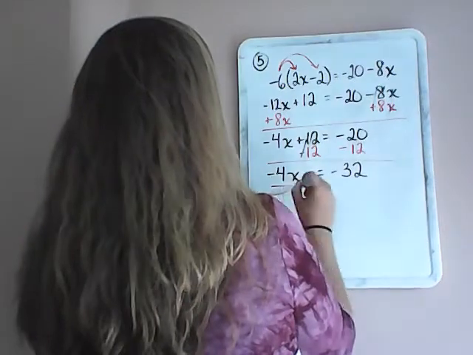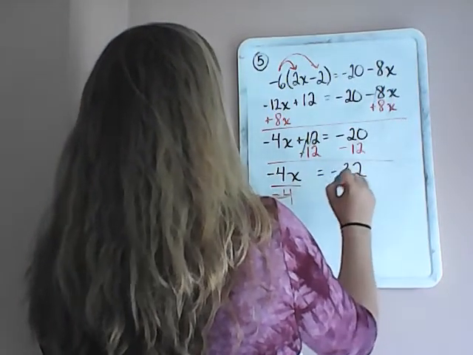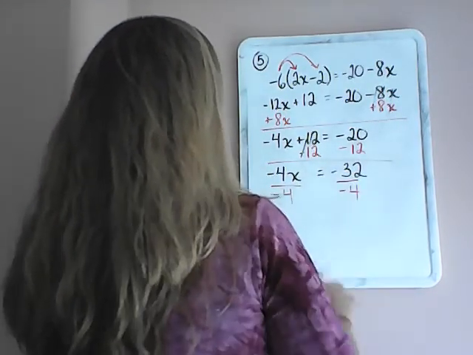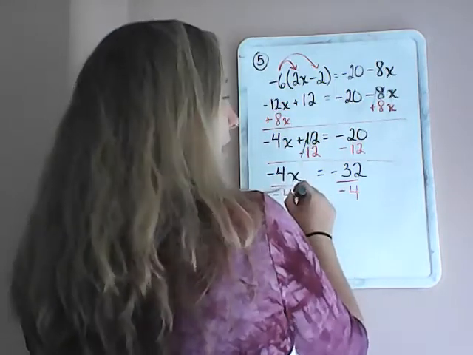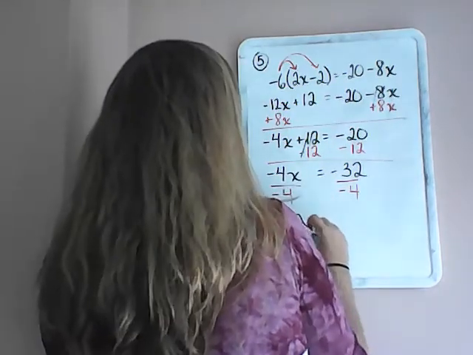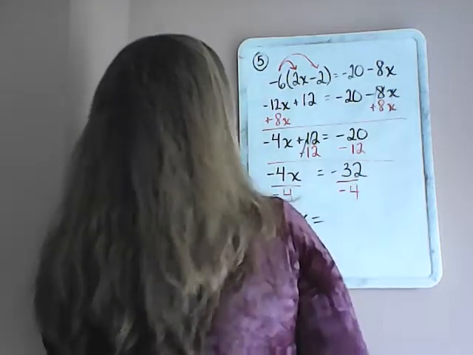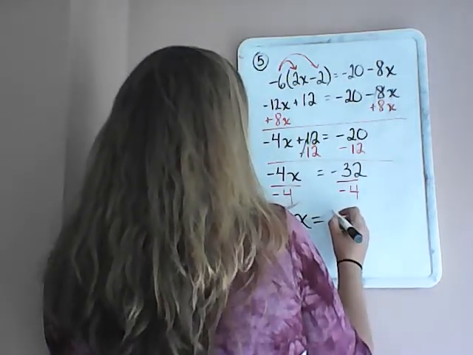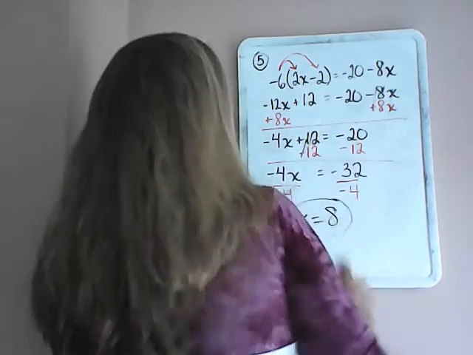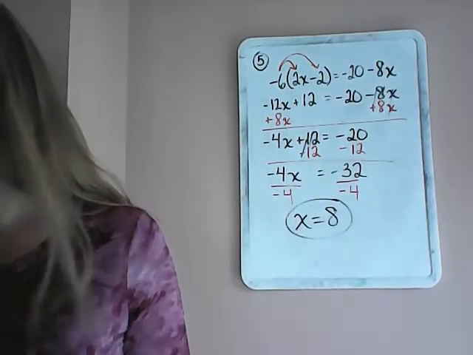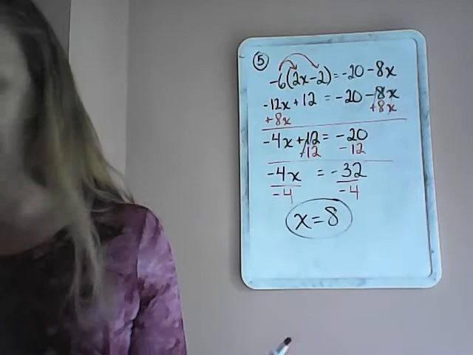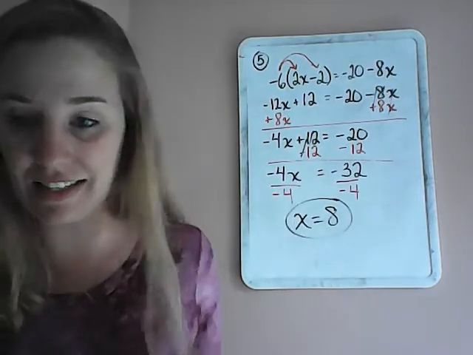And then we divide both sides by -4. -4 divided by -4 is 1, so the 1x, or just plain old x, comes down. Negative divided by a negative is a positive. 32 divided by 4 is 8. So yes, the answer to question number 5 is 8.